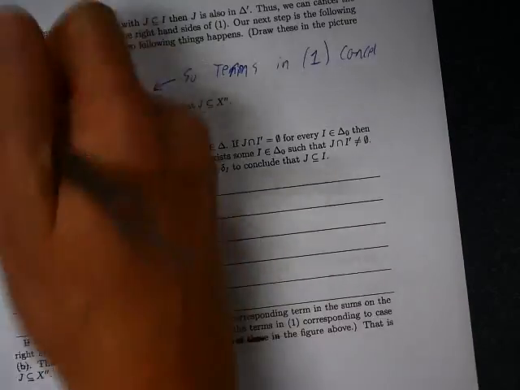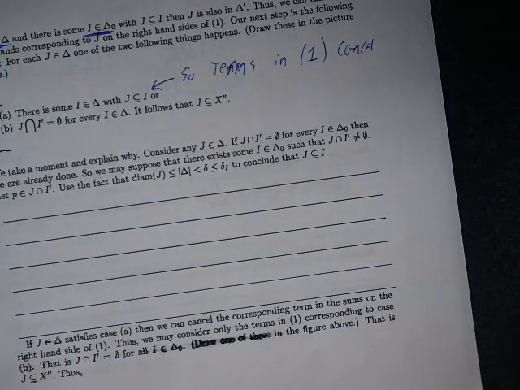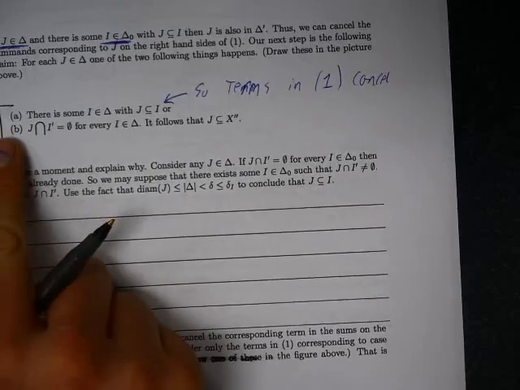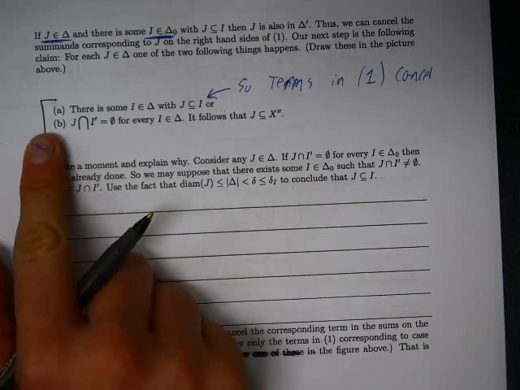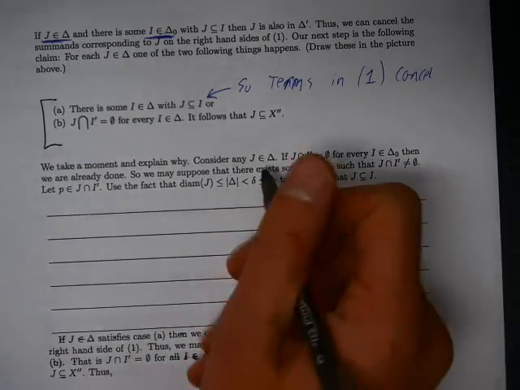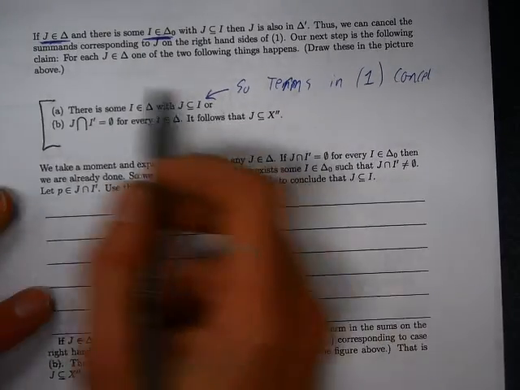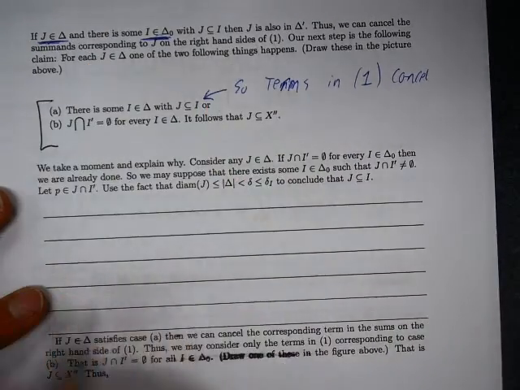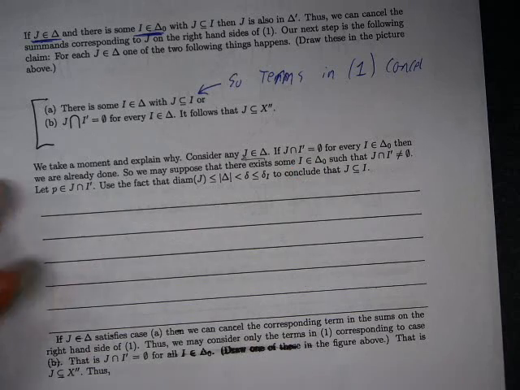Motivated by that, let's explain why this dichotomy happens, why one of these two things has to happen. So I want to prove something about absolutely every j. So let's consider any j in delta.